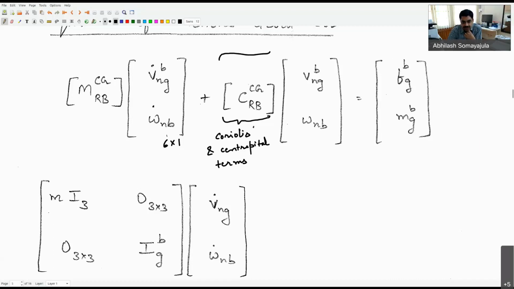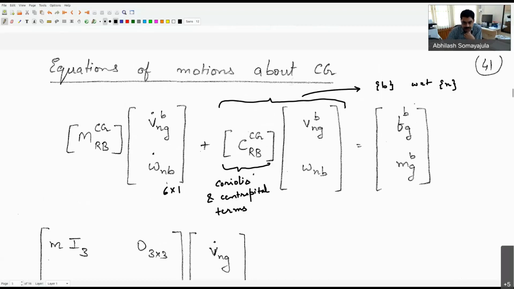This part, in essence, is coming about because the B frame is rotating with respect to the N frame. The B frame is a non-inertial frame, and that is why you are getting these terms which are coming from the Coriolis and the centripetal accelerations.